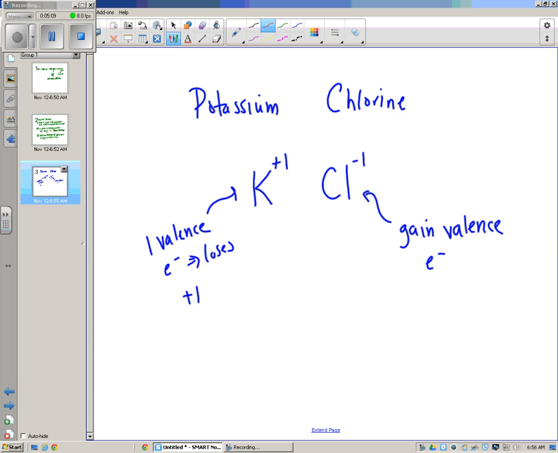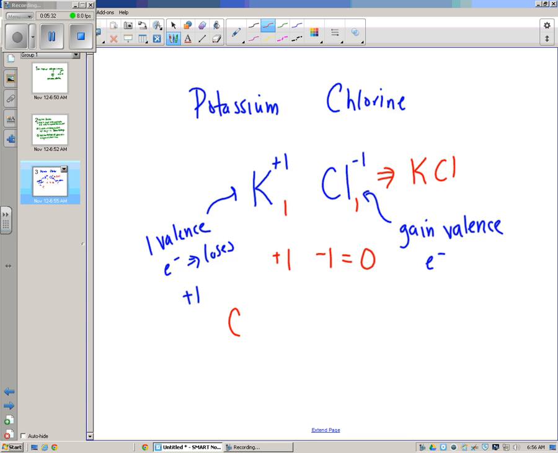Well, 1 times plus 1 gives us plus 1, and 1 chlorine ion, 1 times minus 1 gives us minus 1. Plus 1 minus 1 equals 0. And you can see that our formula would be one potassium and 1 chlorine. So we can write the formula KCl.